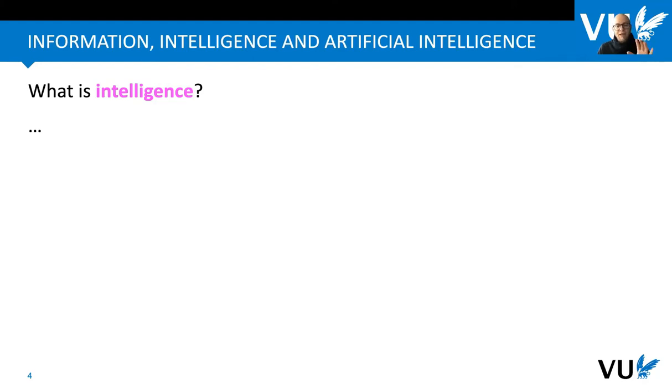But we'll look at it from the perspective of AI, all right? And that is what is useful for us. So instead of thinking about what intelligence is, we'll think about what artificial intelligence is, how we understand that, and how we can define some useful concepts to define artificial intelligence.